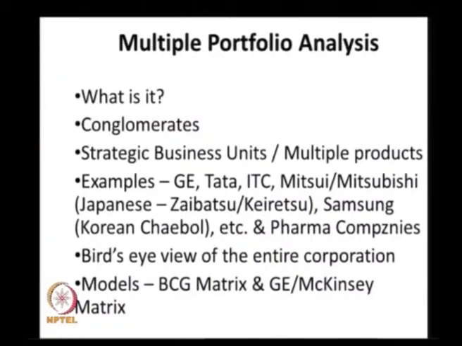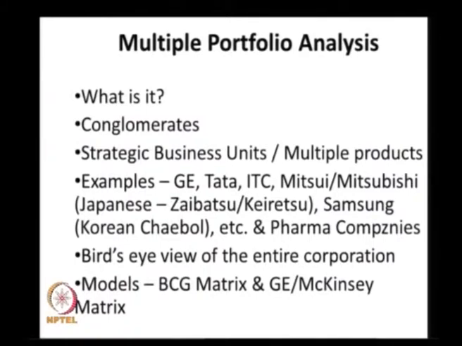These are all the subsidiaries of the big conglomerate called the Tata, or ITC, or in Japan the Mitsui or the Mitsubishi. In Japan they used to be called the Zaibatsus and now the Keiretsus. So these are the big conglomerates. Or in Korea they are referred to as the chaebols, like Samsung.